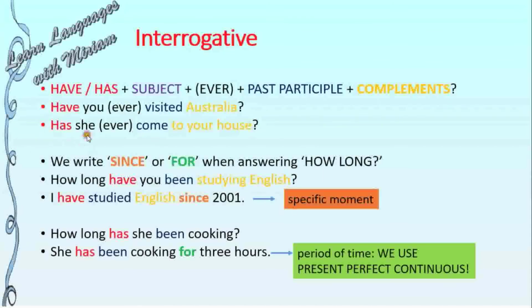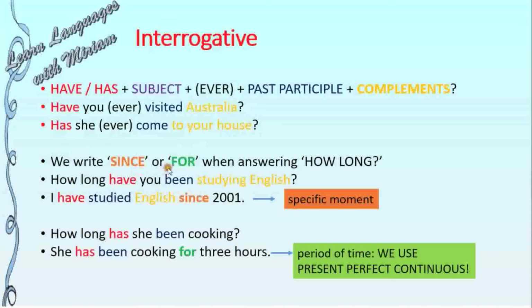Or has she ever come to your house? When you use ever, that means if you have at any time visited Australia, or if she has at any time come to your house. So here I'm asking if you've ever done this action.